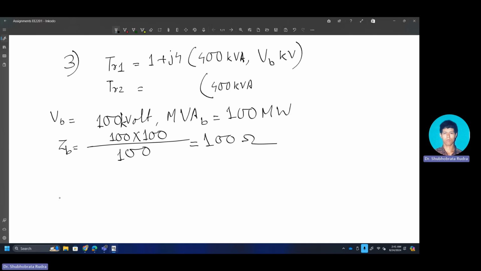Now, if we have to convert it to another base where VB is equal to 100 kilovolt, same as the old one, but the MVA base is now 50 megawatt, what ZB value will you have here?